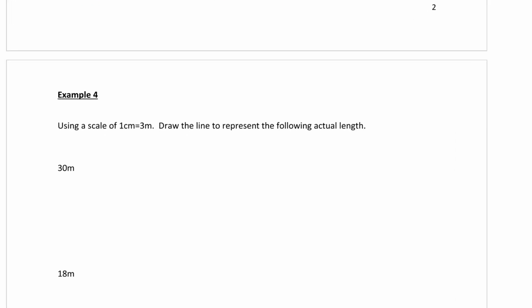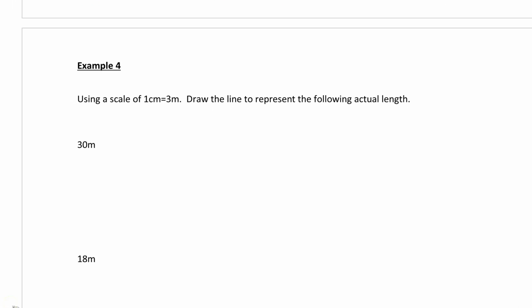Now, for example 4 here, using a scale of 1 centimeter equals 3 meters, draw the line to represent the following actual lengths. So we have the following actual lengths below. So that means this number, 30, is an actual length, and we want to find out what the scale would be.